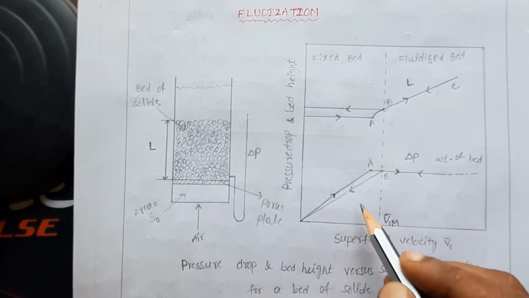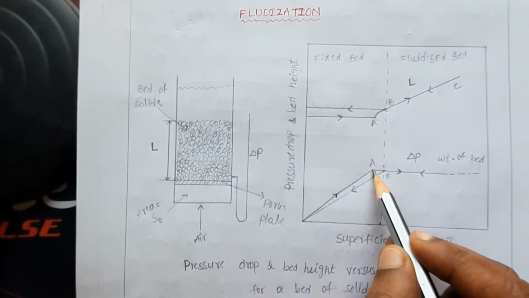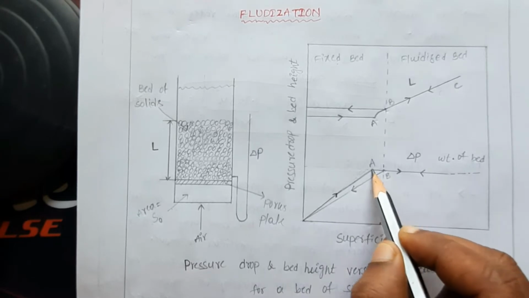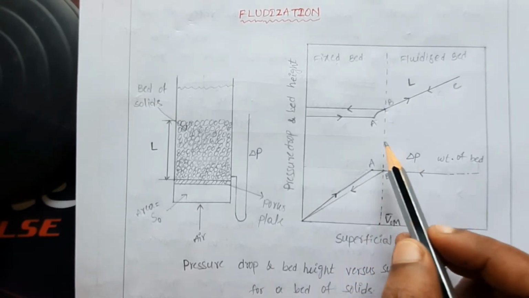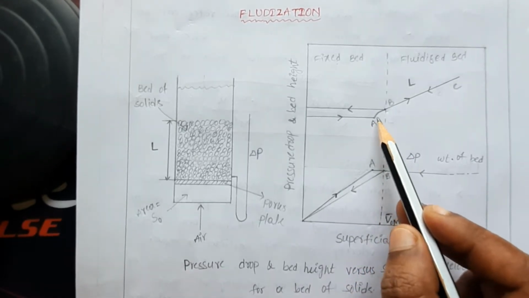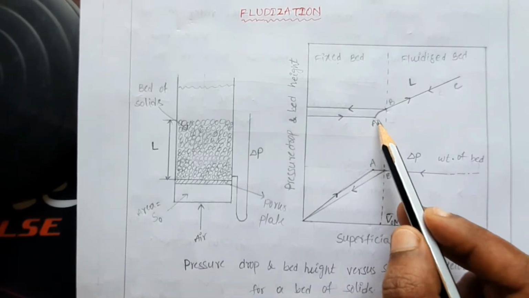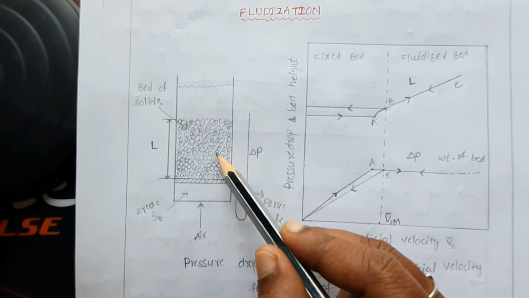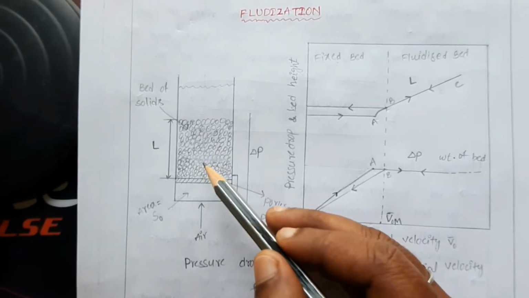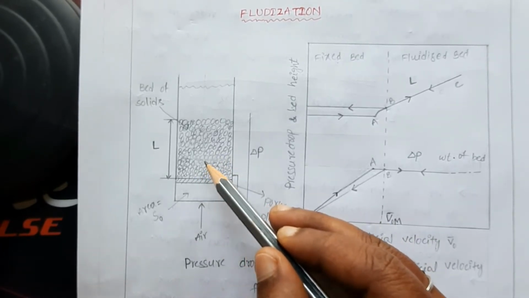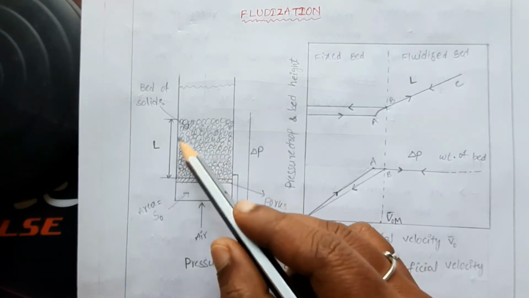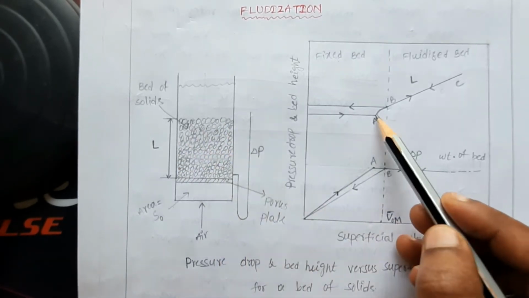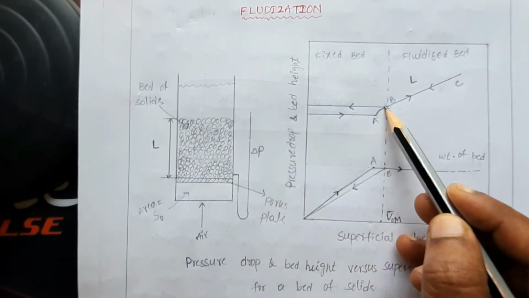So if we reach one particular point, that is point A, what happens here? The particles start to move, not completely moving. Some disturbance will be there in the solid particles, just some jerk will come to these particles. So there will be a little movement over the bed, and that is indicated by this part.